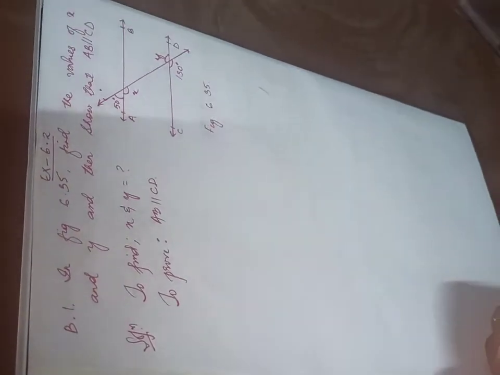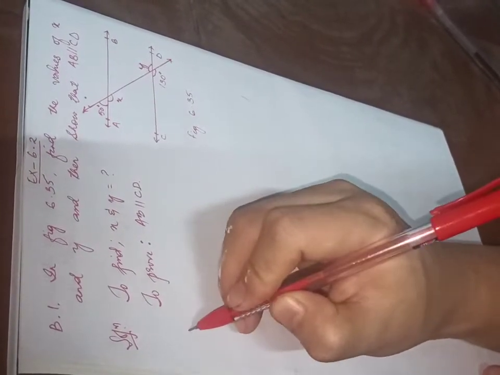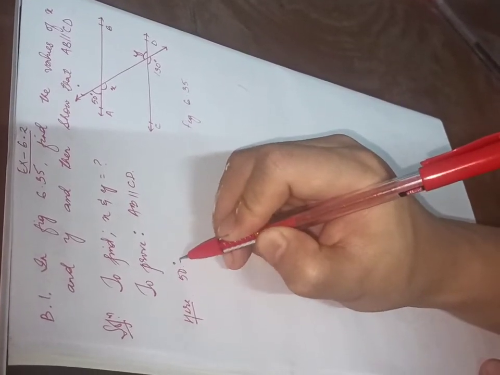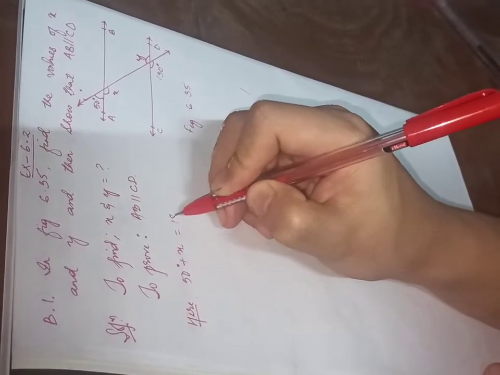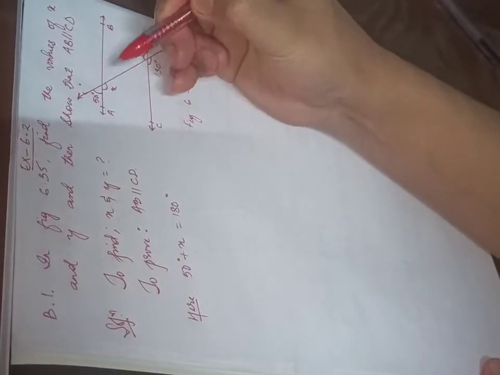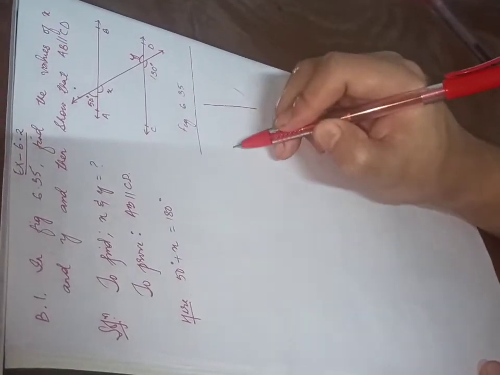Is it okay? So let's begin our answer here. What we have here is that 50 degree plus x will be equal to 180 degree. Why? Because of this 50 degree and this x. You take a look at the figure here, I'm breaking up the figure for you.